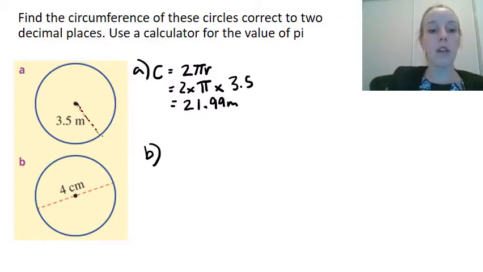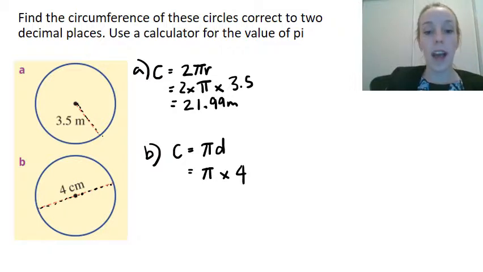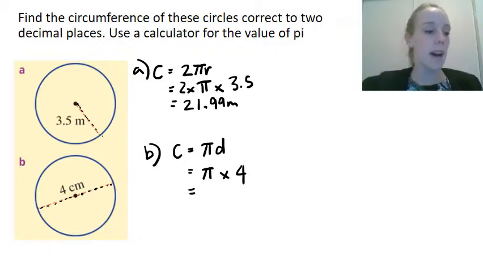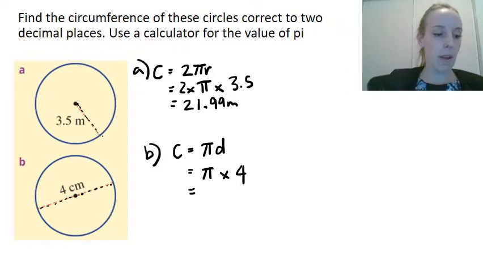For B, we've got a line that goes the whole way across the circle, cutting through the middle, so that's the diameter. So the circumference equals pi times the diameter. So in this case, it's pi times 4. Again, use our calculator, so we're going to do pi times 4. That will give us our answer there.